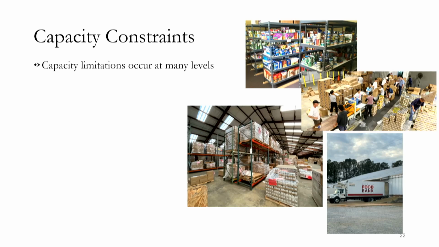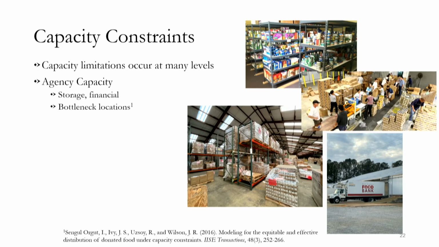Lauren talked about capacity constraints a little bit, so I want to just briefly go over some of the important things here. Food banks observe capacity limitations at many different levels. The agencies' capacities are the most critical one because, again, these are very small nonprofit locations. They don't have large storage capacities.